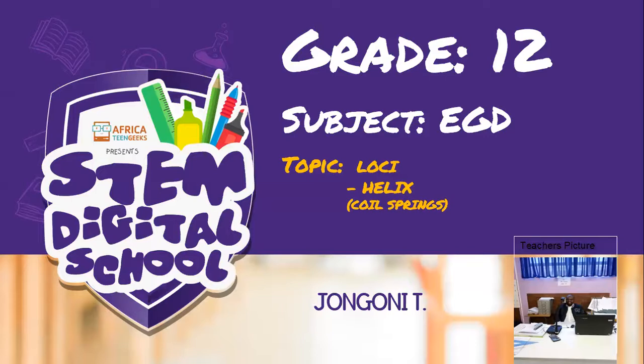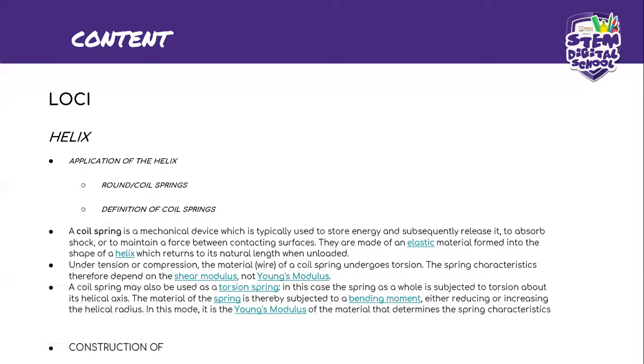We want to finalize our topic on Loci and in particular the Helix. But today we are going to focus mainly on the coil spring. Some would call it a round spring. Let's look at what it entails with regards to definition. Like I said, our content today is on the loci and the helix in particular.